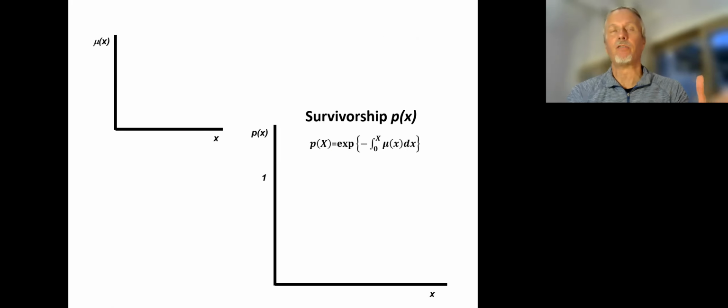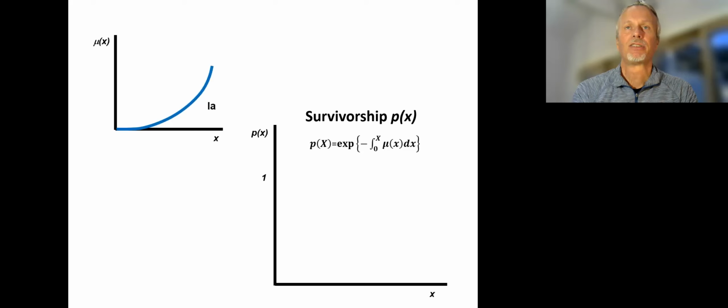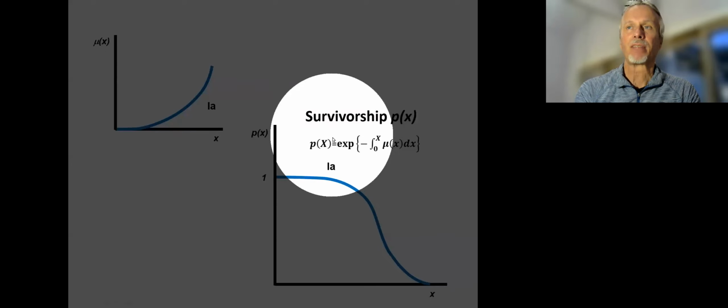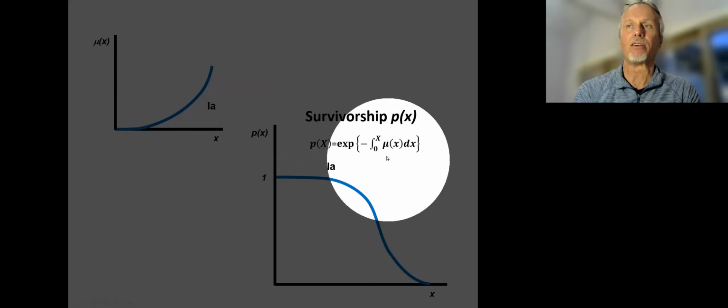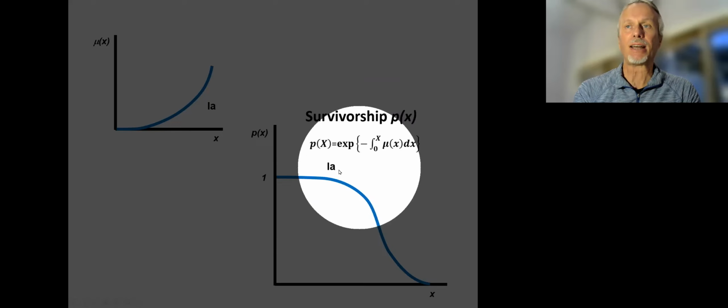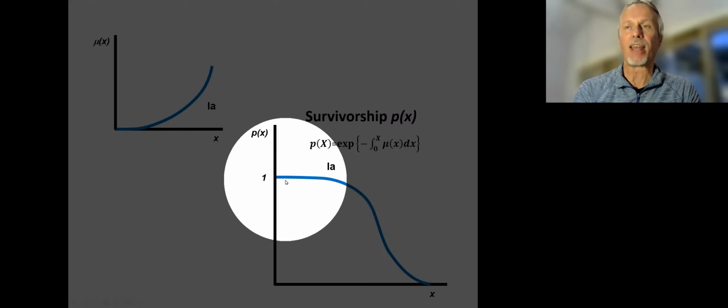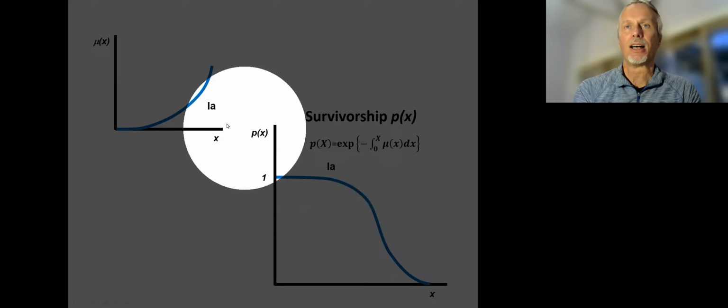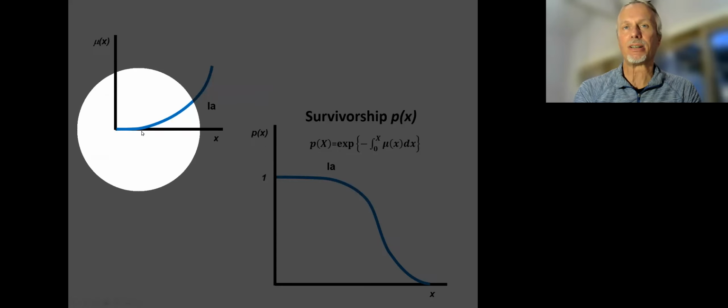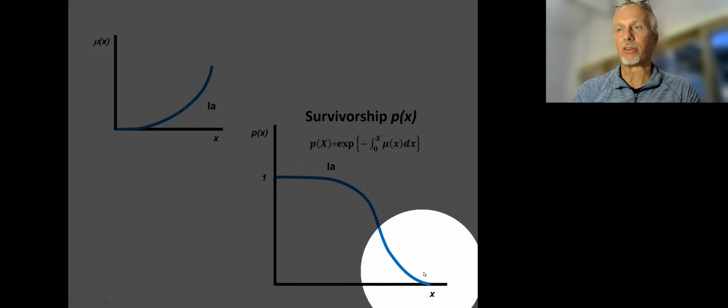Given the type of instantaneous mortality rate function, let's have a look at how the survivorship P of X looks. So in the case of type 1a instantaneous mortality rate, the survivorship function, which is the integral between 0 and x of the instantaneous mortality rate, is almost flat at the beginning, because the mortality rate is basically equal to 0, and then eventually drops down.